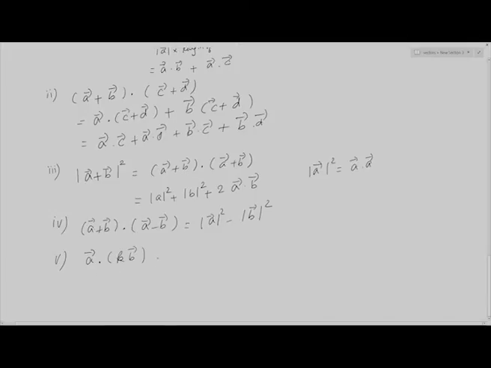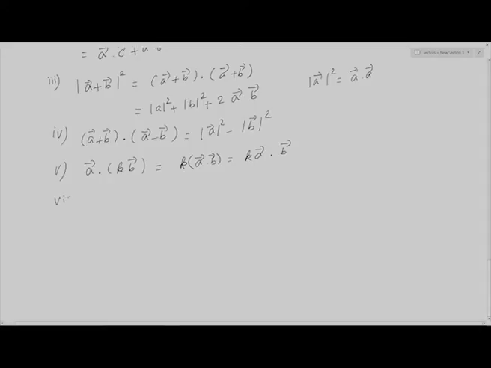From the definition it follows that I can take the k outside, so it is k times A dot B, or it is also the same as k A dot B. And one more property is A dot (B minus C). By the previous properties we can write A dot B minus A dot C.